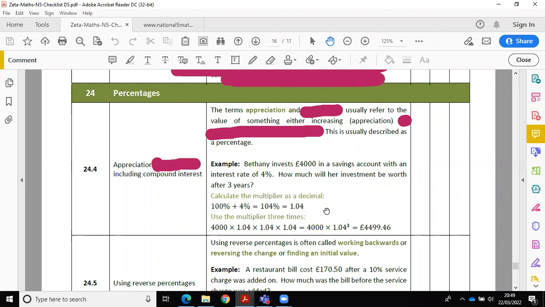That was 1.024, and that's the last part we did there.